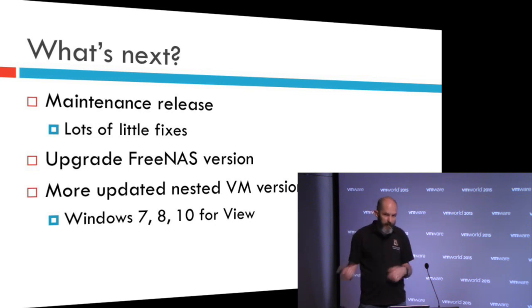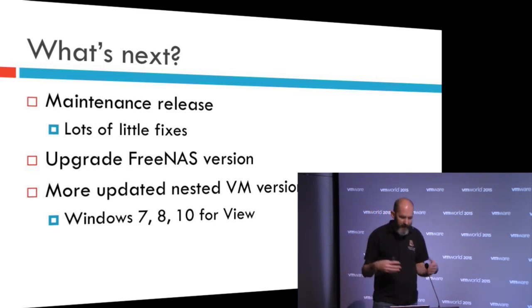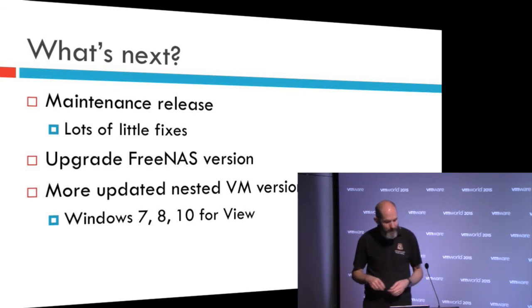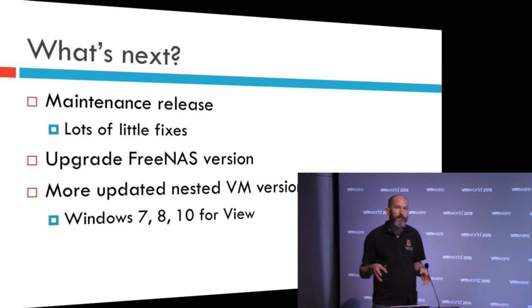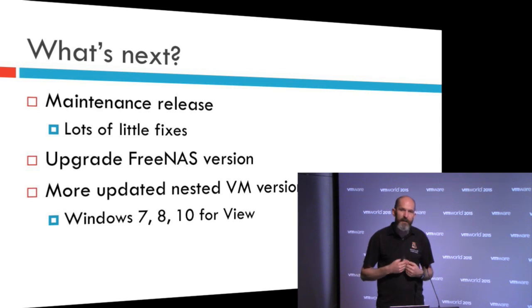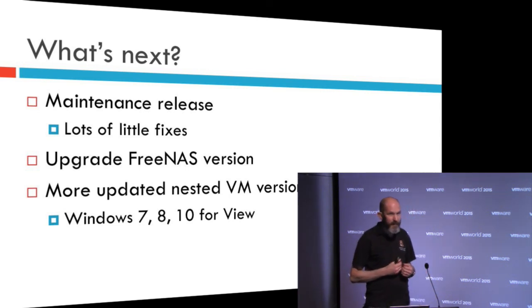VMware haven't released a new version of vSphere, and Microsoft haven't released a new version of Windows, so I don't have to add extra support. Server 2016 will come at some stage when it's supported by VMware. The other thing I really need to do is replace the version of FreeNAS that's in AutoLab. It was the latest version when I upgraded FreeNAS a little while ago, but it's a bit flaky.